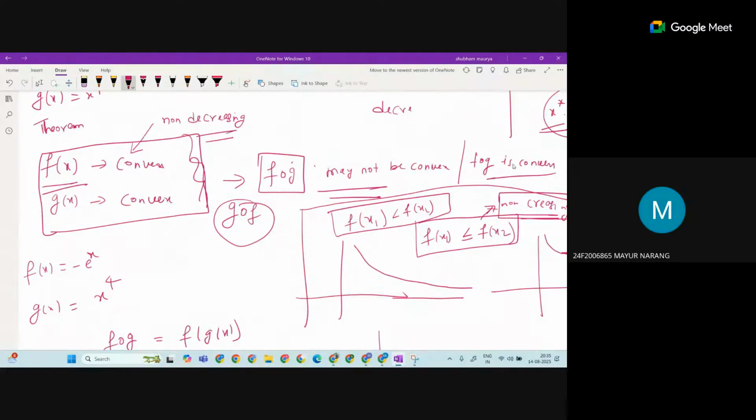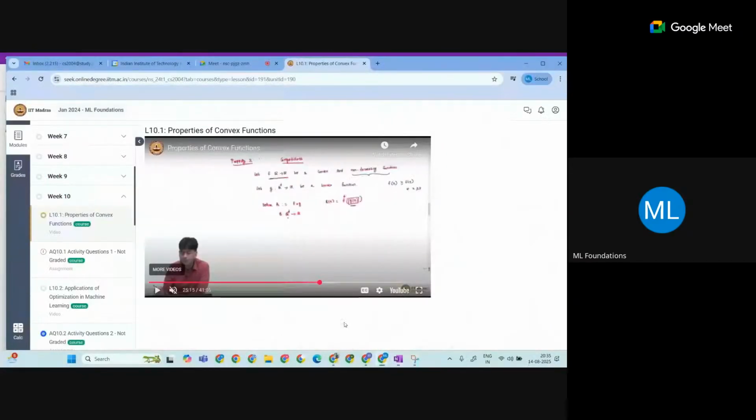Let me write the extra case here. So if f of x is decreasing or, no, increasing? Non-decreasing. I told you non-decreasing. When I'm imposing the extra condition, both should be convex. When I am imposing one extra condition on this f, then the composition is going to be convex.